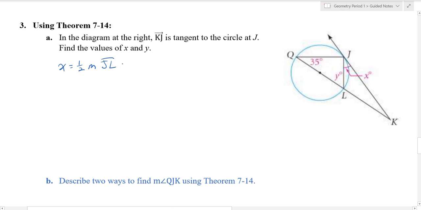And that is because of Theorem 7.14. So we can now say that this equals the measurement of angle Q by the inscribed angle theorem.